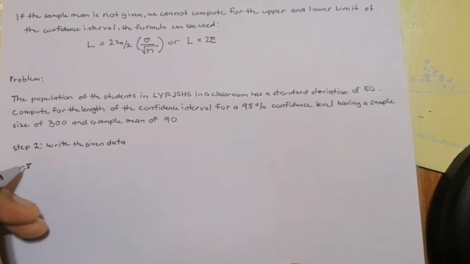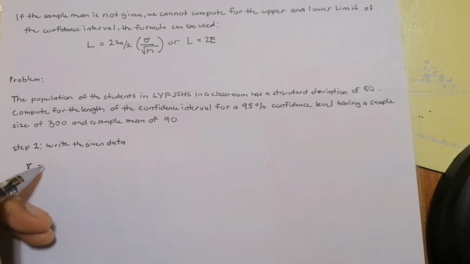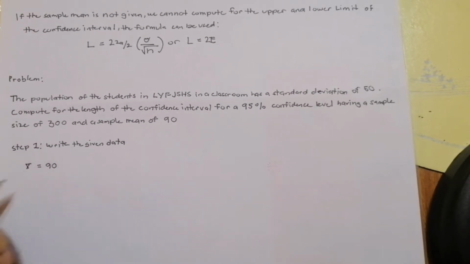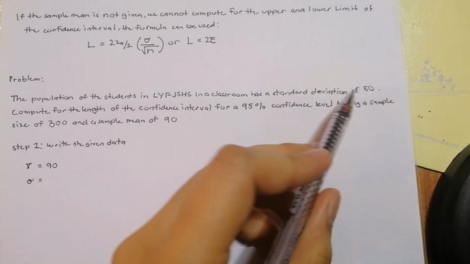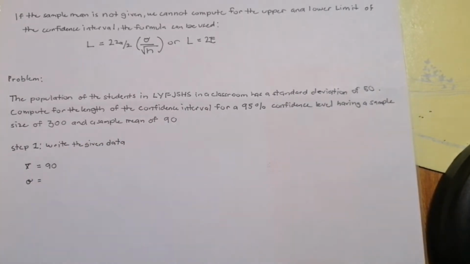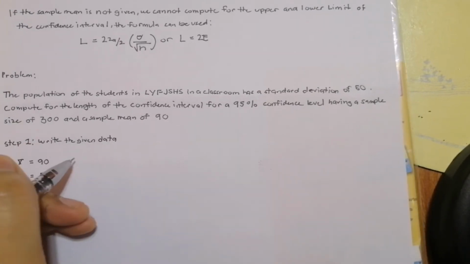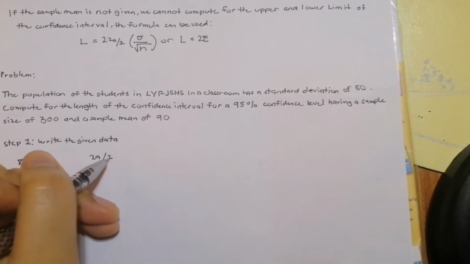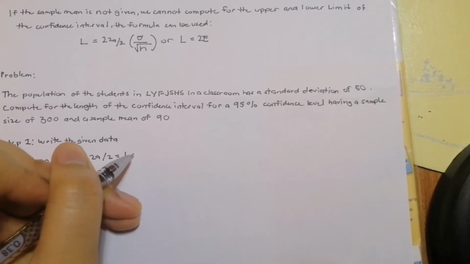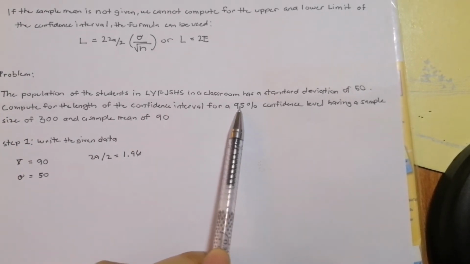First is the sample mean, which is 90. And then the standard deviation, which is 50. Next is the critical value, which is 1.96 since we have 95% confidence level.